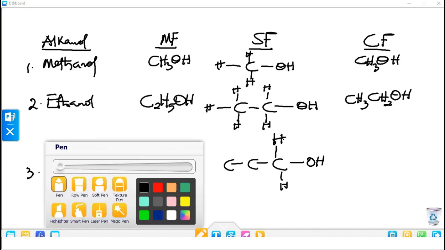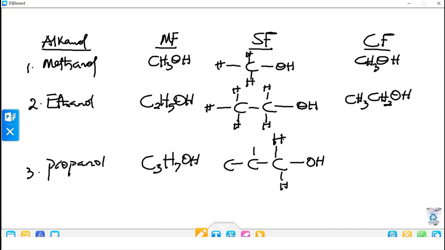So, having seen that, the middle carbon atom also will need 2 hydrogens, and the last needs the remainder of the hydrogens. So this is the structural formula for propanol. And what will be the condensed formula?